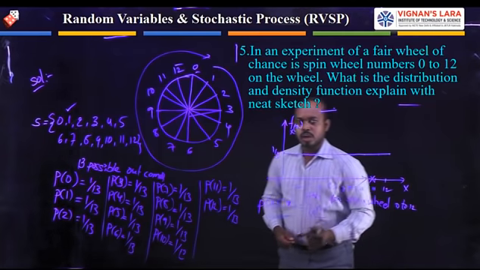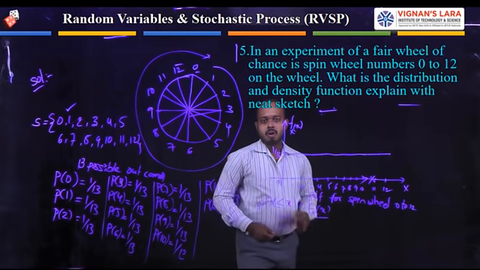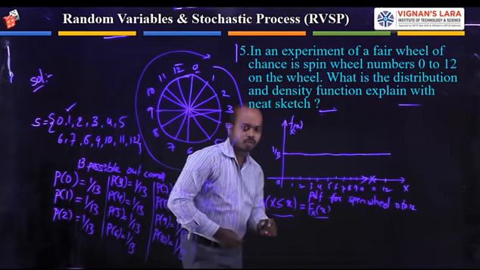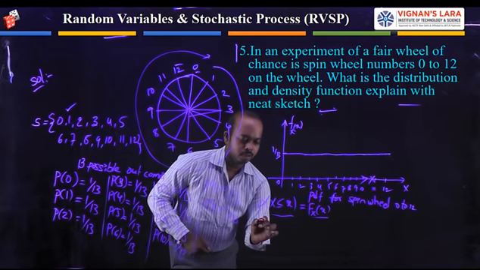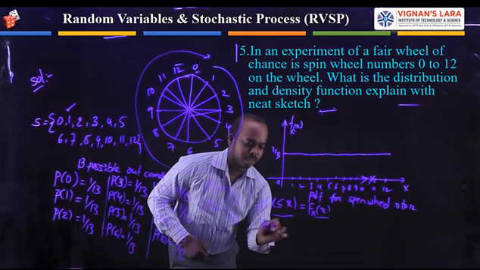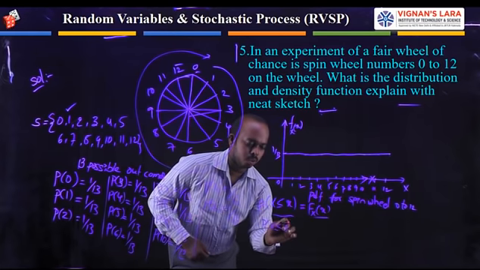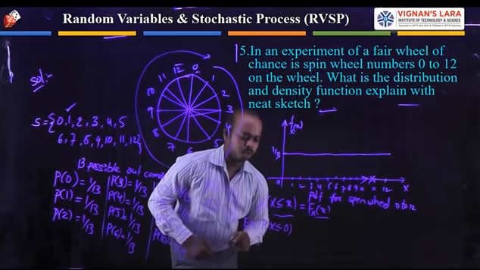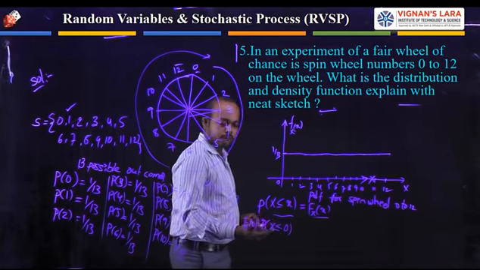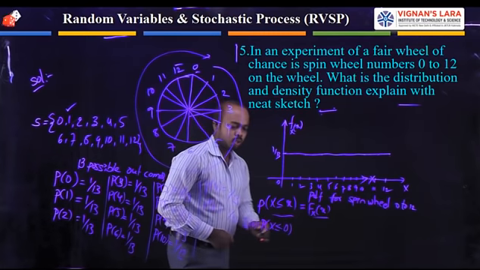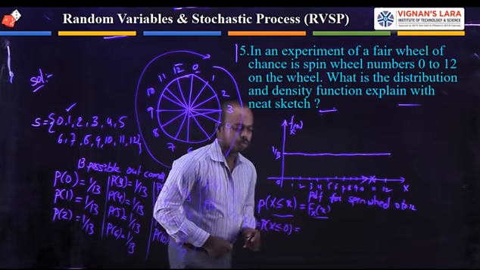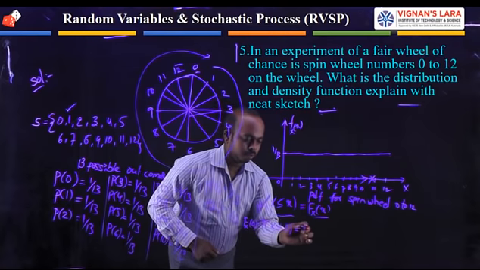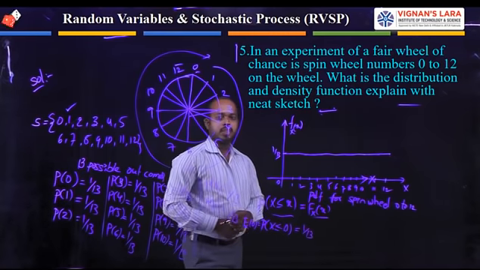That's why we can write the values of the probability distribution function. Here I am writing that at 0, that means capital X less than or equal to 0. We write capital Fx of 0 is equal to the probability of capital X less than or equal to 0. The quantity is 1 by 13.